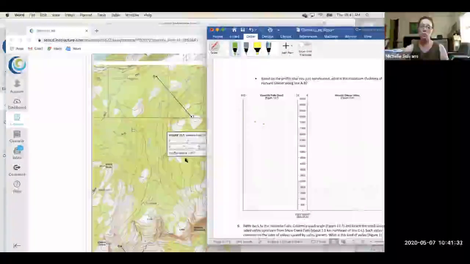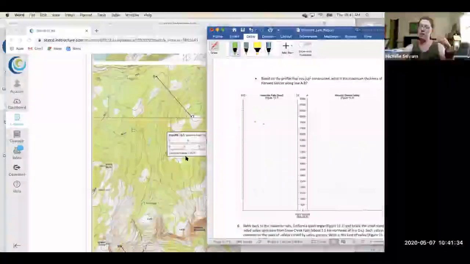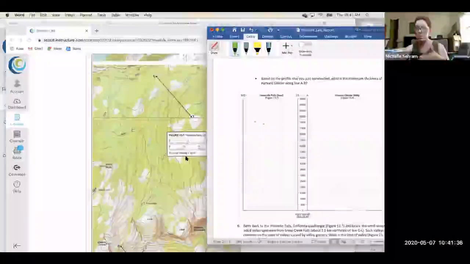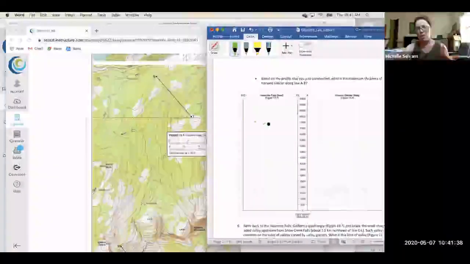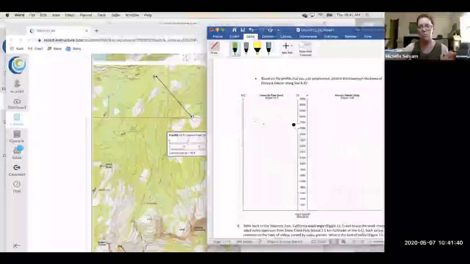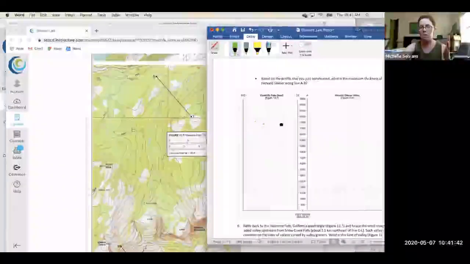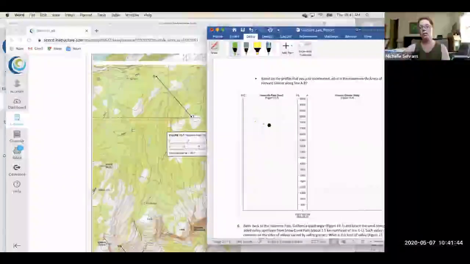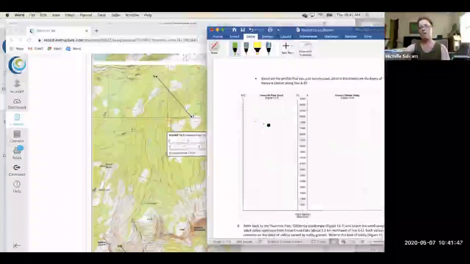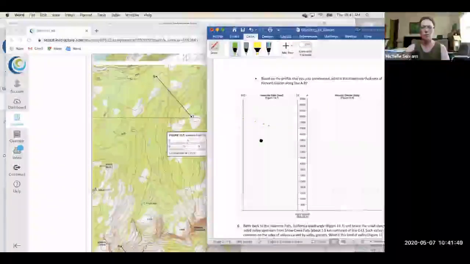And so I know the contour interval is 40 feet. So I've gone down about 80 feet, 2 contour lines, to get to the stream. So I went down from 7,400 to about 7,300 at about halfway across. So I'm going to put my point for the stream right there.